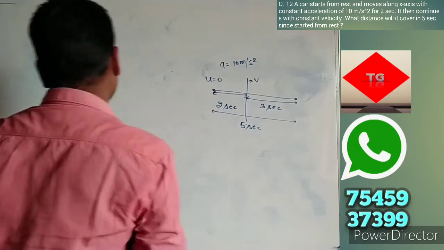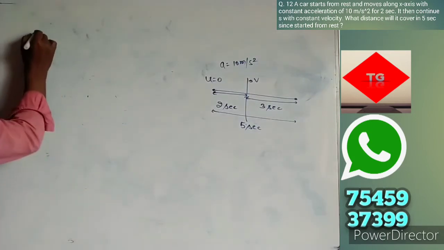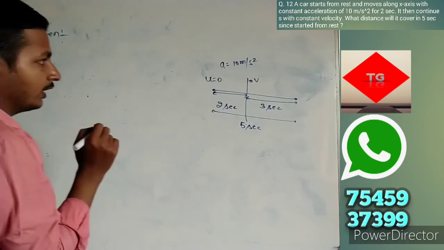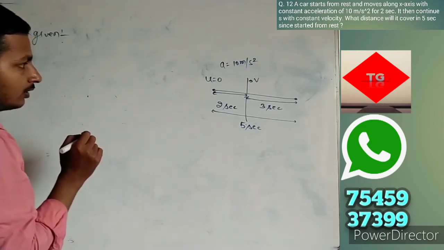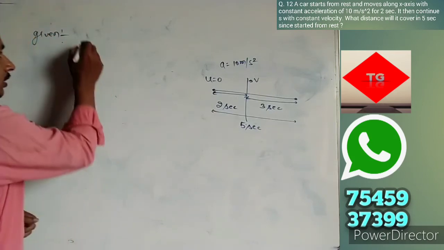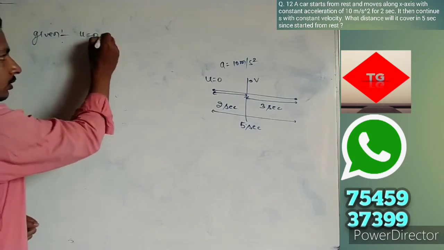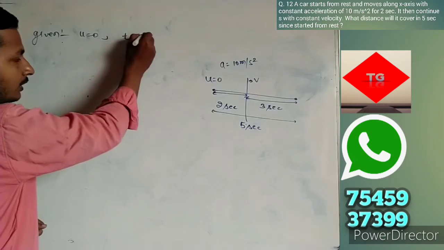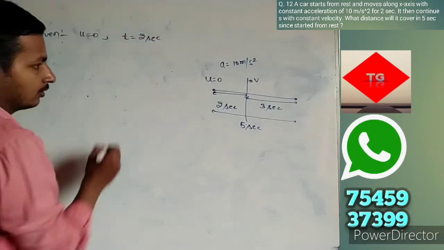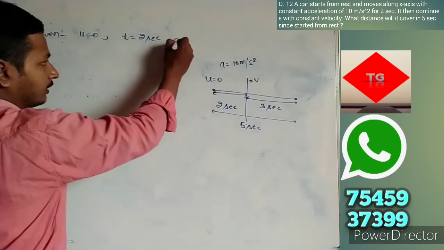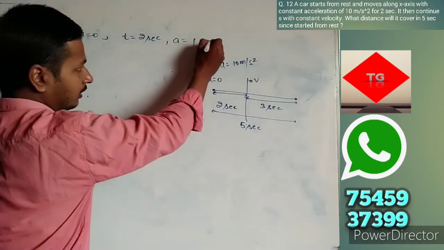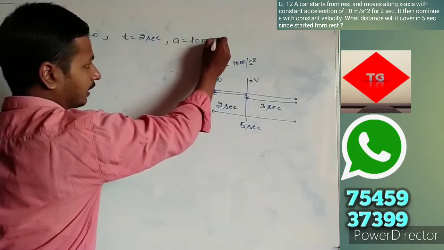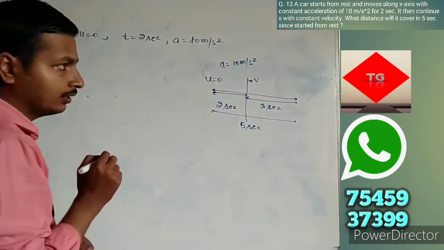First of all, you have to write what is given. What is given here: u is equal to 0, time is 2 seconds, and acceleration is 10 meter per second square.